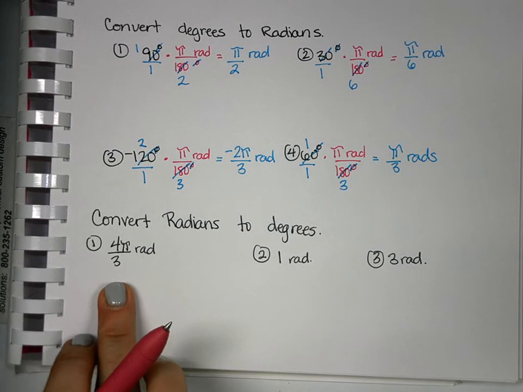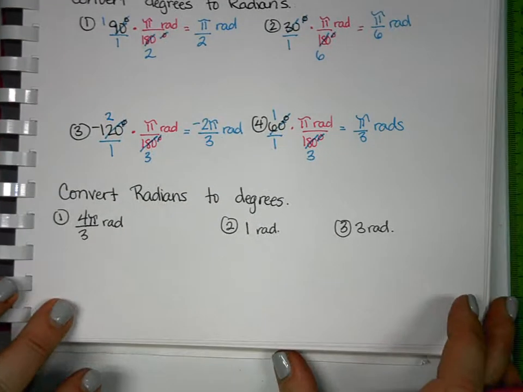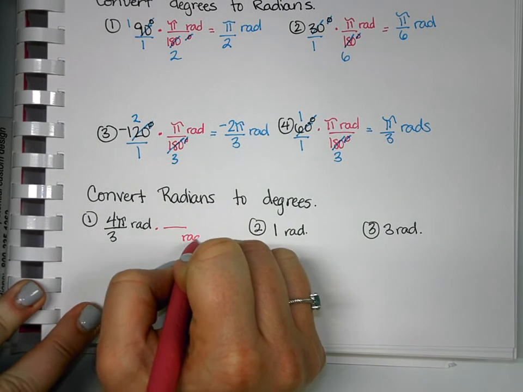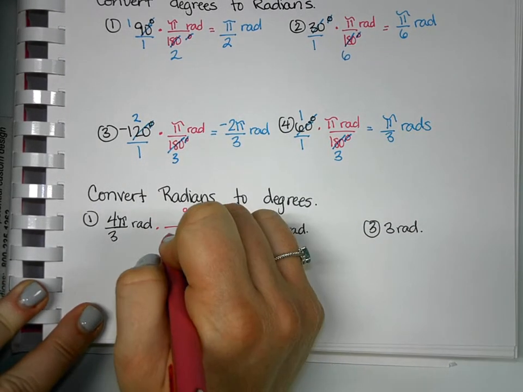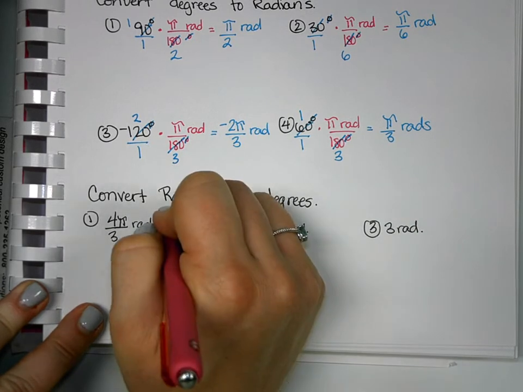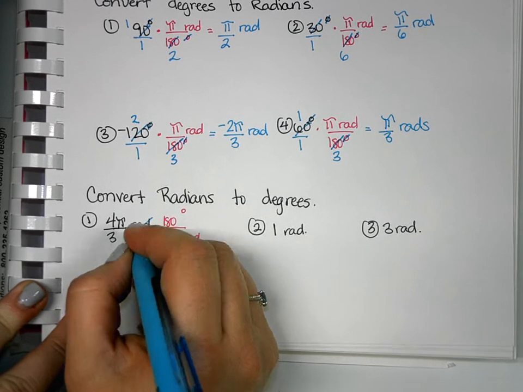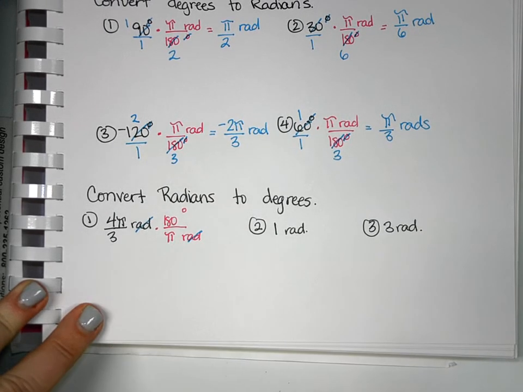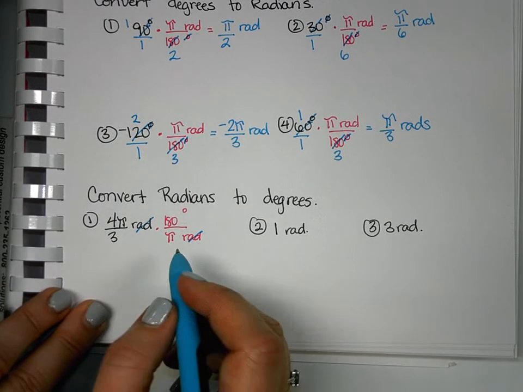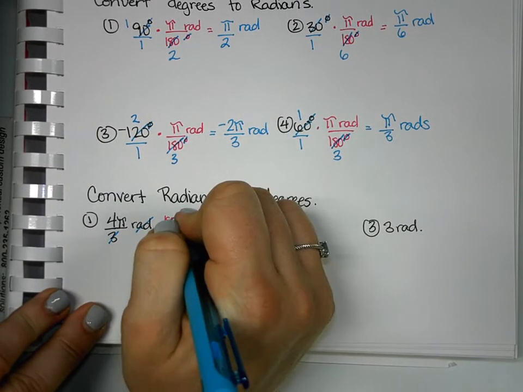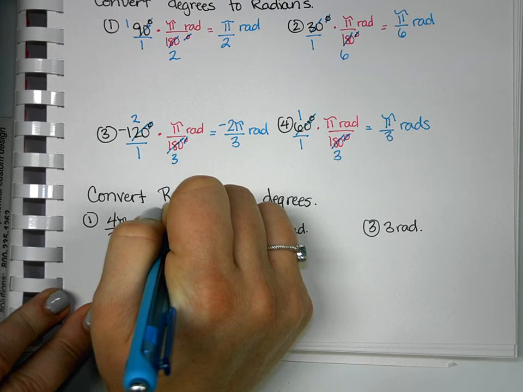So for our first one, because we have radians now, when we multiply, we want radians on the bottom and degrees on top. So that's going to move our pi to the bottom and 180 to the top. When we cross cancel the units, we'll be left with degrees. Looking at what can reduce, 3 and 180 can reduce, so that would give me 60.